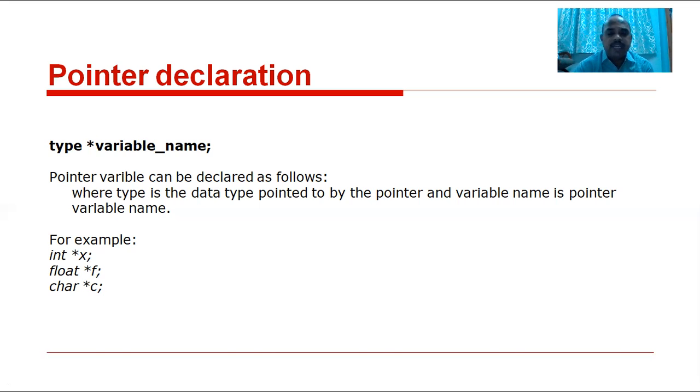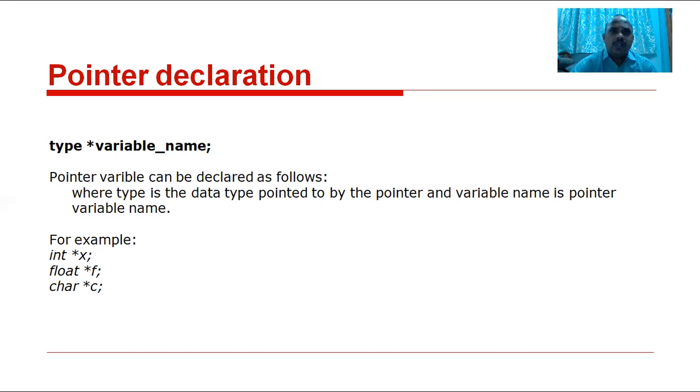For example, int x equal to 10 is a normal variable that holds direct access to its own value. Whereas a pointer indirectly accesses the value of the variable to which it points.